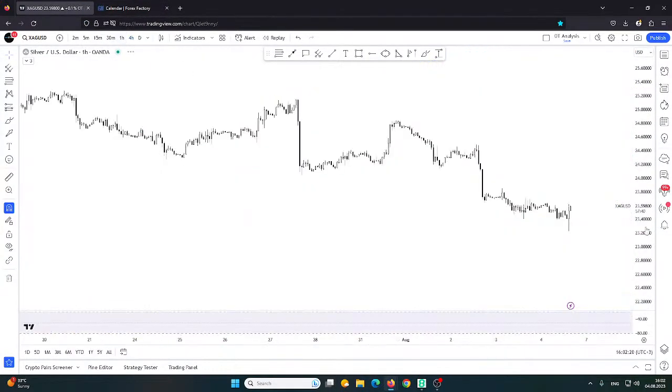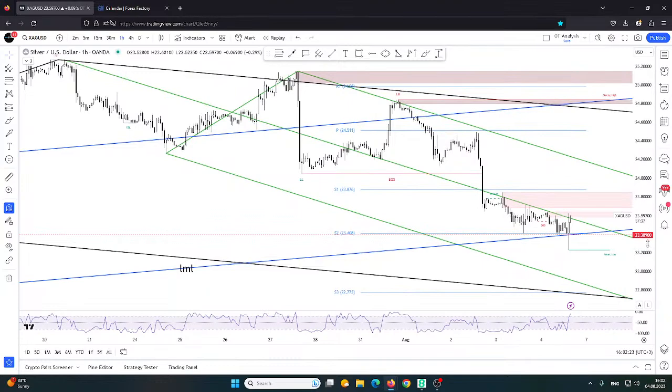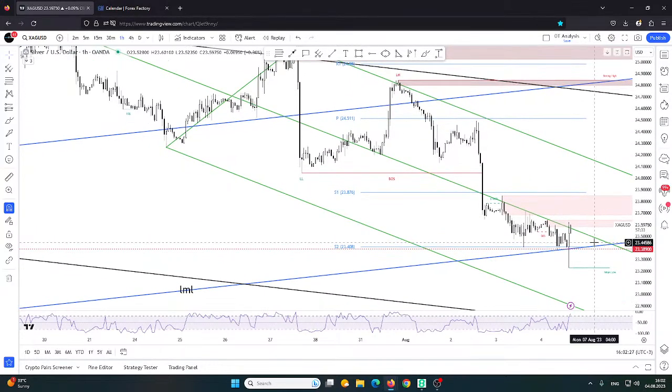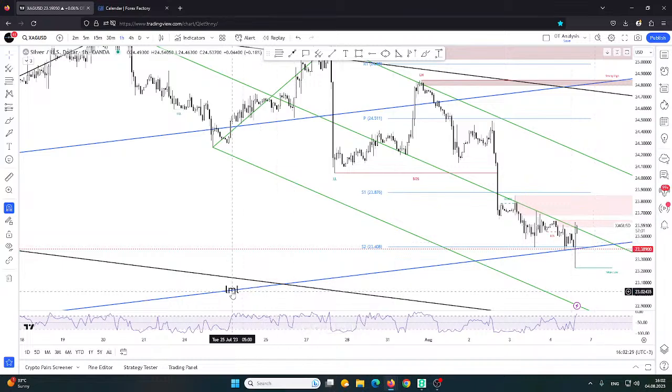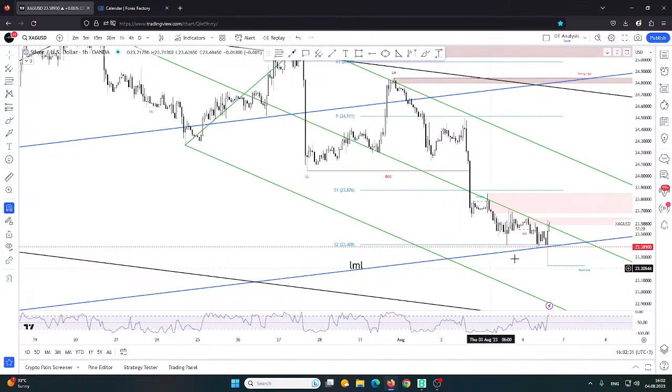So if you want to know more about silver, I've shared that daily video analysis earlier. I've talked about this scenario, about the lower medium line as a dynamic support, and about the 23.389 S2.